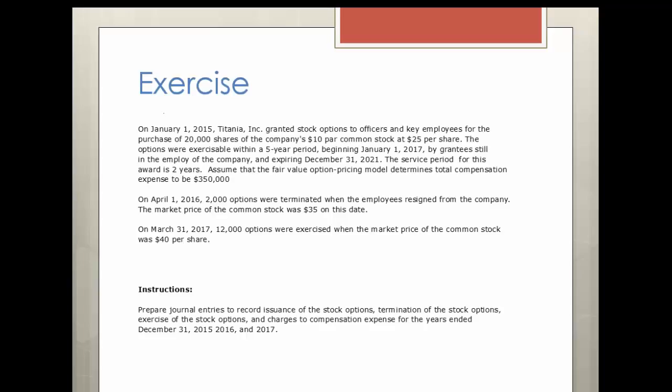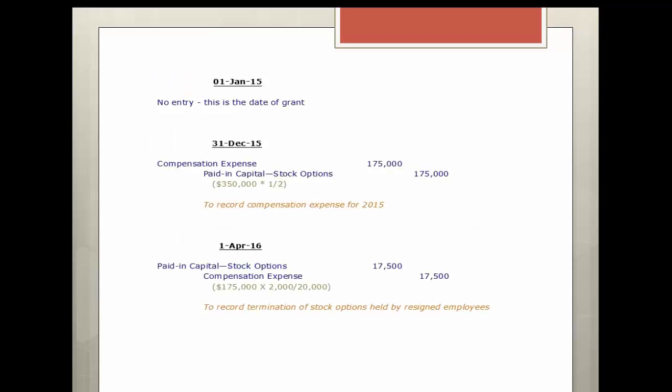So basically what we're looking at here, in 2016, 2,000 options were terminated. Therefore, in 2016, the actual compensation expense is going to be less. Okay? So the first year, 2016, we have the compensation expense, $175, paid-in capital, $175. On April 16th, the 2,000 shares that were terminated is going to be a credit to compensation expense.